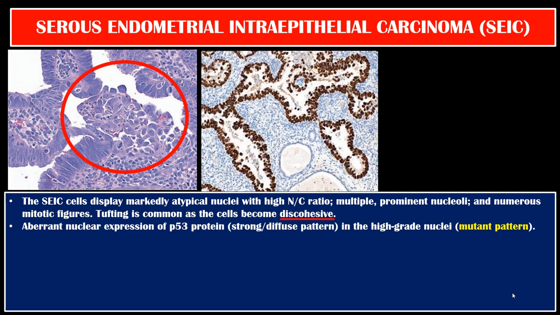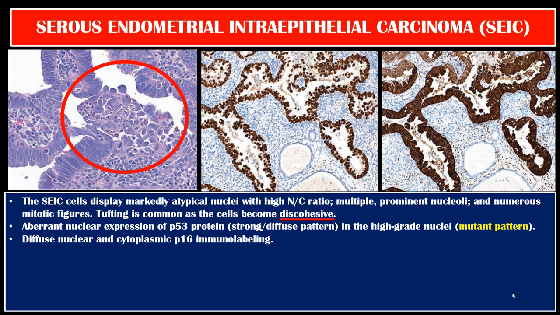This photo shows aberrant nuclear expression of p53 protein that is a strong and diffuse pattern in the high-grade nuclei. It is called mutant pattern. Here we can see diffuse nuclear and cytoplasmic p16 immunolabeling.